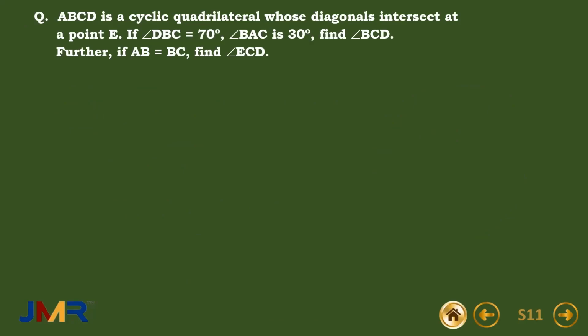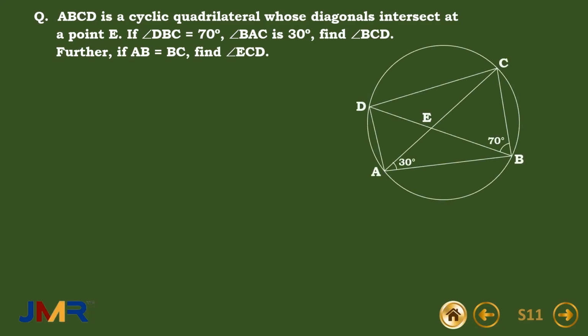ABCD is a cyclic quadrilateral whose diagonals intersect at point E. If angle DBC is 70 degrees and angle BAC is 30 degrees, find angle BCD. Further, if AB is equal to BC, find angle ECD. How can we do this? He has given that ABCD is a cyclic quadrilateral.